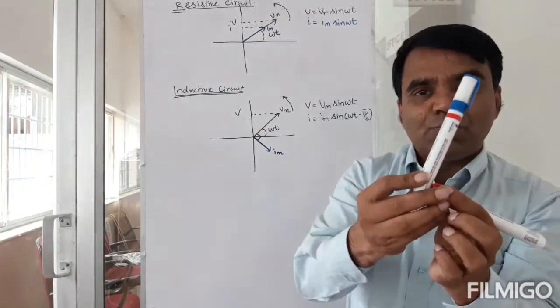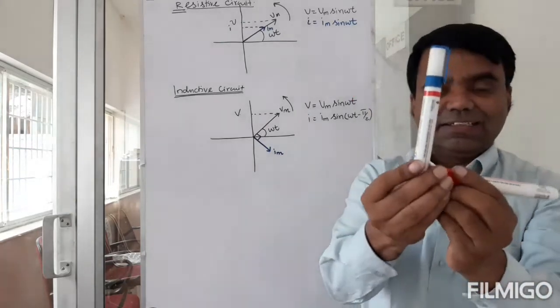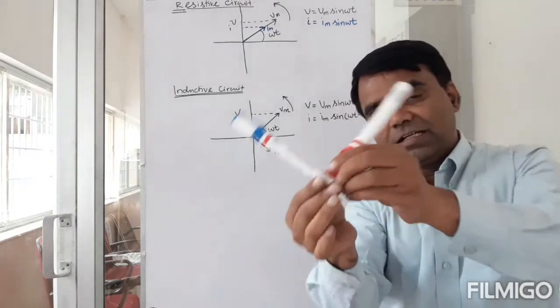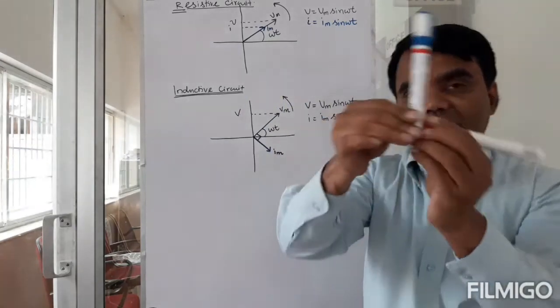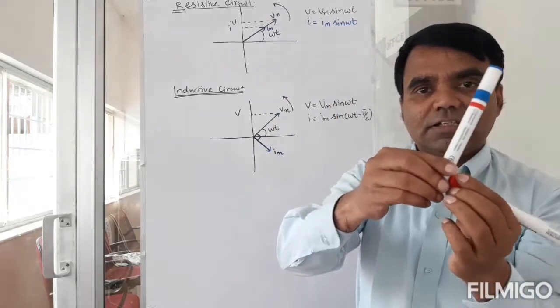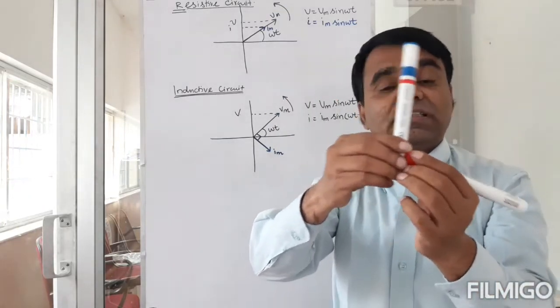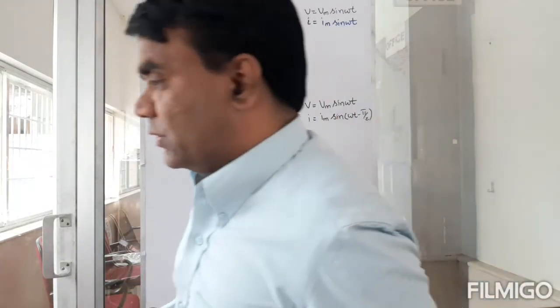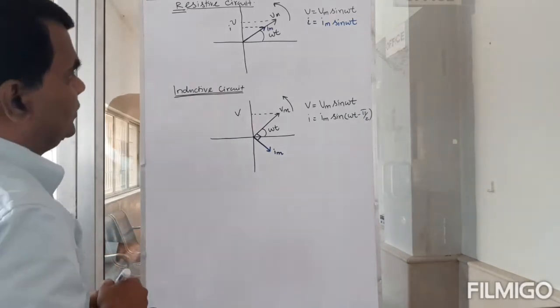They both have the same omega speed because it's like they're tied together. They move with the same omega angular speed, and one follows the other. This is the voltage and this is the current, and the current follows the voltage in the same direction. So that is what we got here.